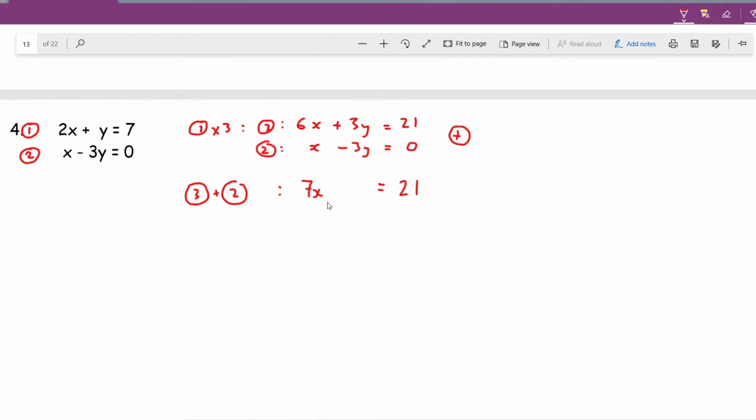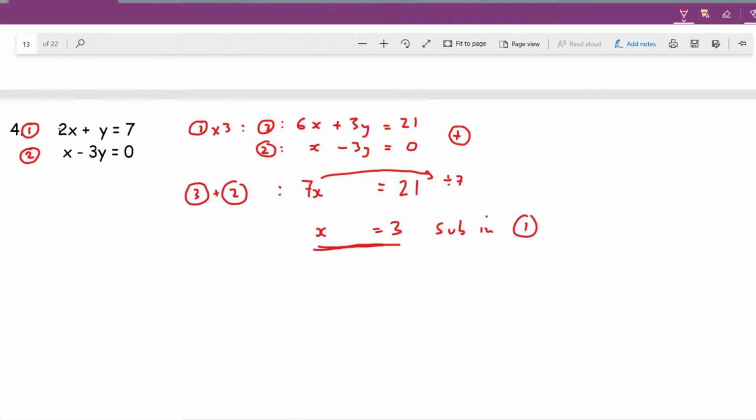So divide both by 7. Take the 7 to the side by dividing by 7. That tells me x is equal to 3. Looking at here, I'm going to sub this into equation 1.